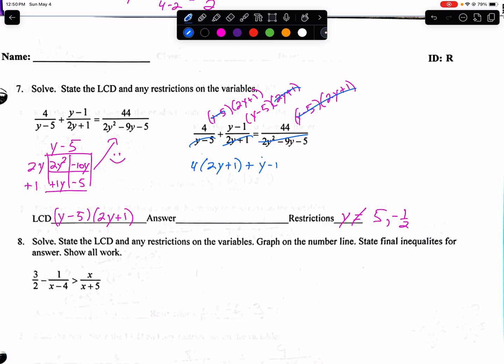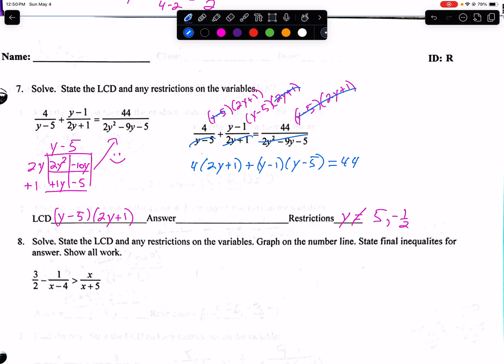Wait, so if you're not factoring this, you just cancel it out at the bottom. That's the beauty of it, right?